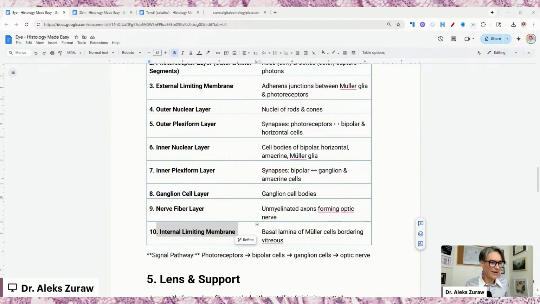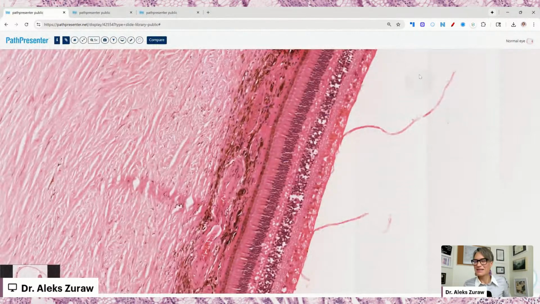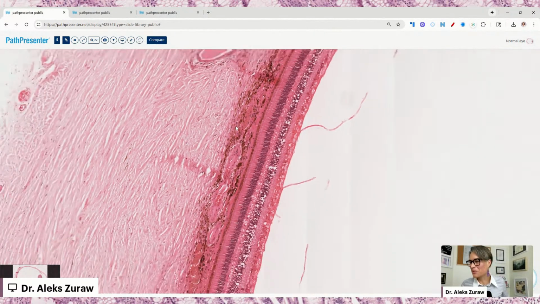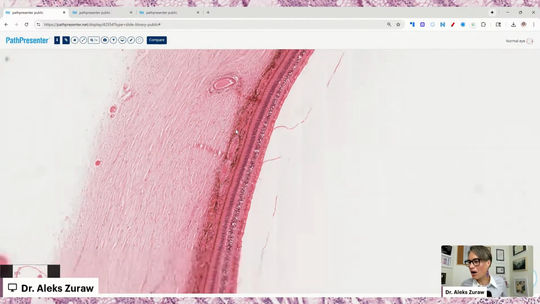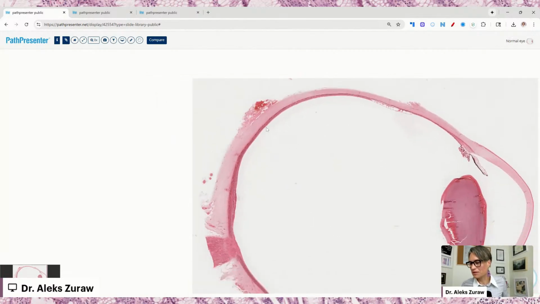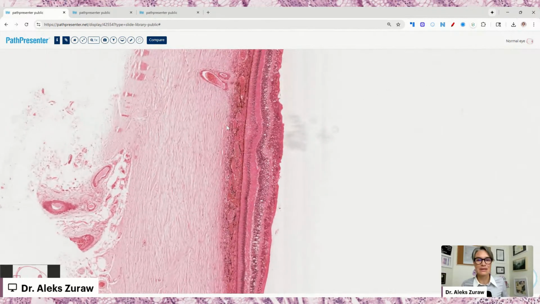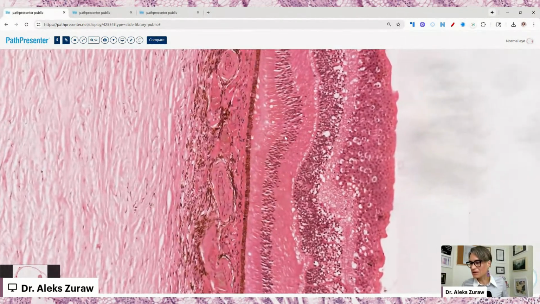And now let's look at them on the image itself. Okay, so we're starting from the retinal pigmented epithelium that we already showed that goes all around the eye. So all this dark thing going around the eye is our retinal pigmented epithelium, also abbreviated as RPE.